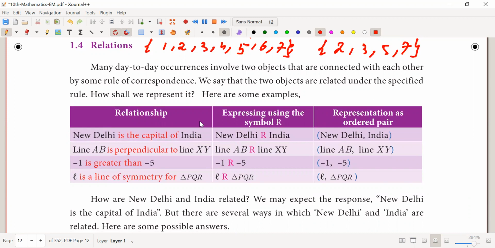Like our chief minister, we are related to him. He is the representative of the whole state. Our prime minister is Mr. Narendra Modi. He is representing the whole country. We are related to him as prime minister. Each and every citizen is related.